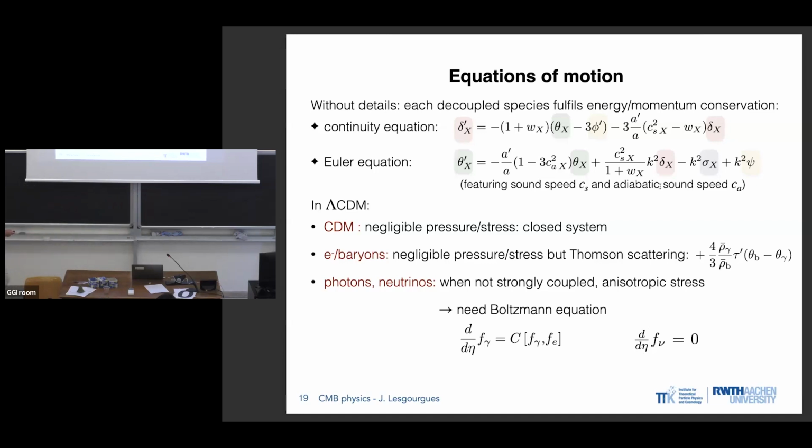And CA is another quantity with the same dimension. It's the adiabatic sound speed, which is such that the square of CA is given by the time derivative of the homogeneous pressure divided by the time derivative of the homogeneous density. So this is a background quantity. This is in general a perturbation quantity.